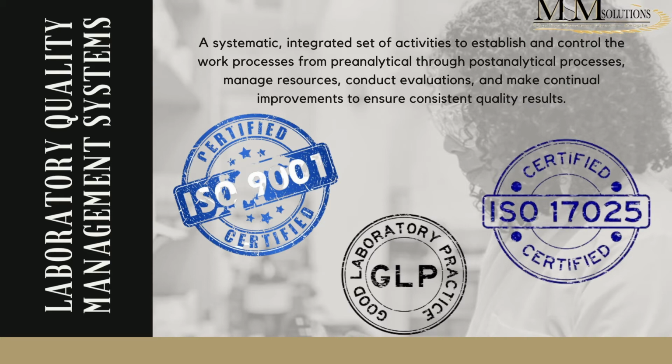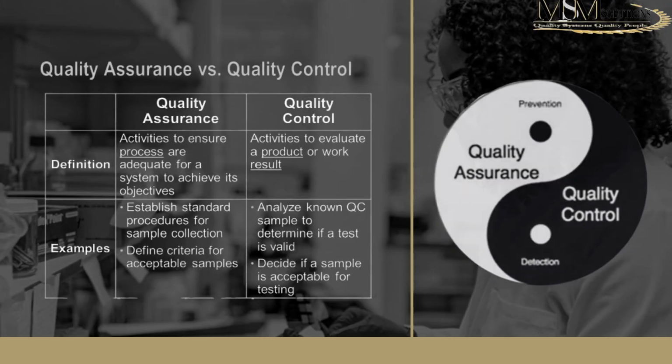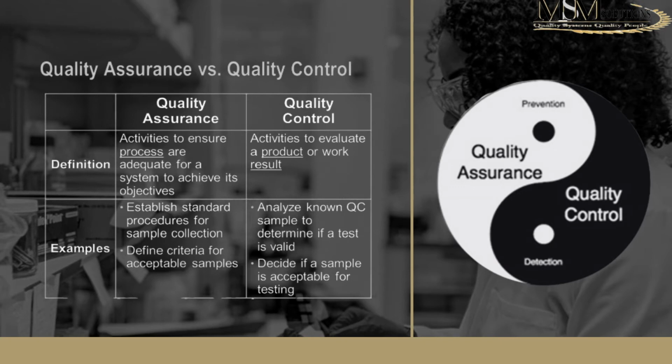Most of the quality systems are not mandatory. They are, however, a good idea to have a system in place to ensure that you can produce consistent quality results. When we talk of quality, people often use quality assurance and quality control interchangeably. However, there's a distinction between the two.